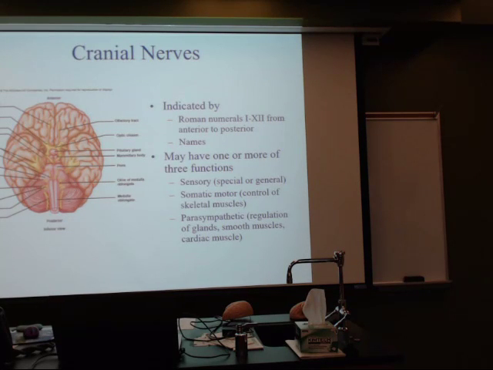At this point in time, once again, trying to give y'all some heads up for the test, okay? We have done our central nervous system, brain, spinal cord, and peripheral, going to all this periphery of the body for the skeletal muscle.